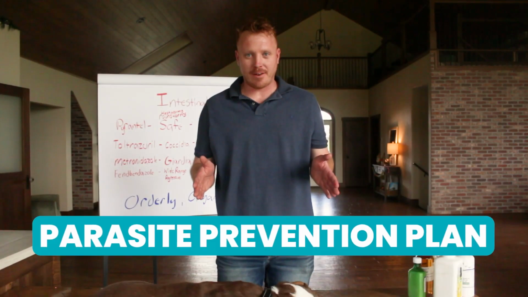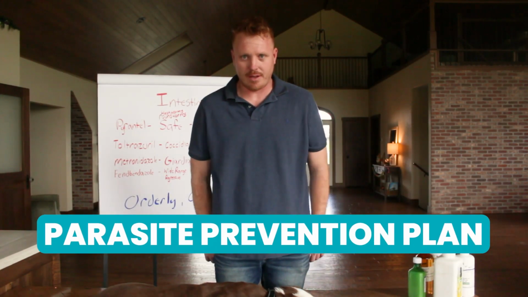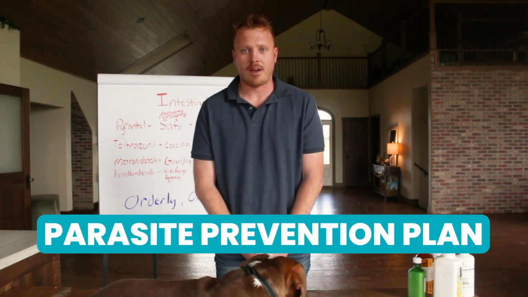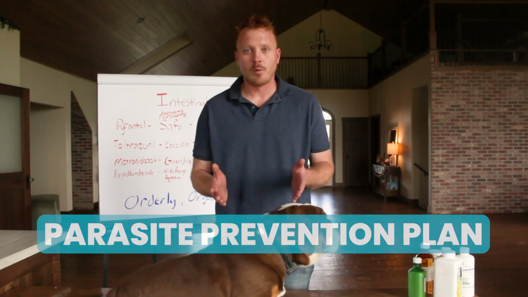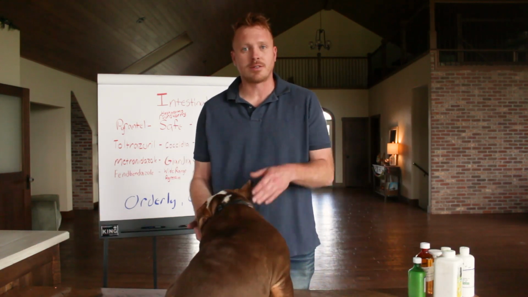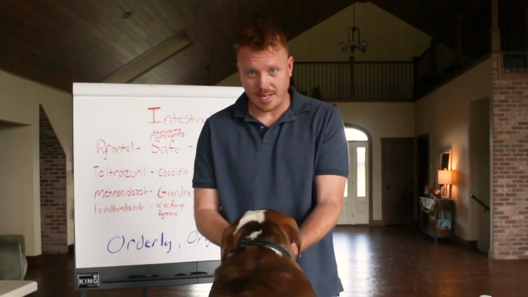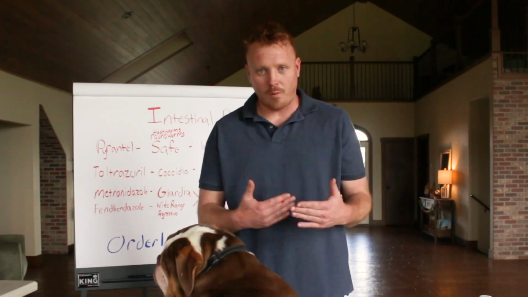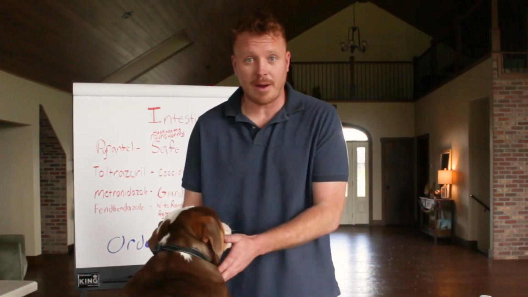Okay, so the bad news on the information we've covered so far is that most probably all dogs have had parasites at some point. We should assume, if we're responsible, that a puppy has a parasite so we can treat it. The good news is we understand that, and so we have the option. We have a lot of weapons in the war against parasites.